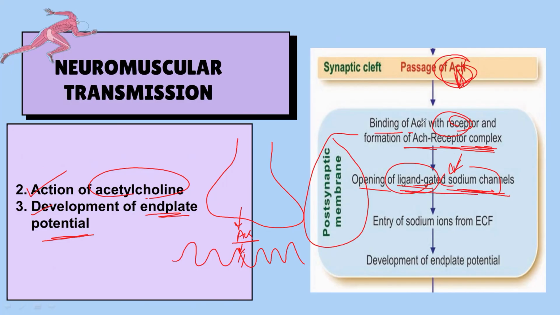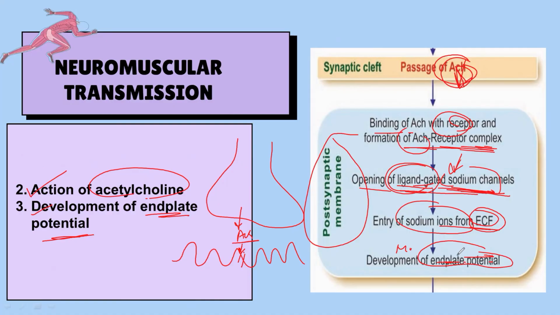So in this case, there's an attachment of acetylcholine with the receptors, and these receptors are responsible for the opening of ligand gated sodium channels. When these sodium channels open, there will be an influx of sodium ions from the ECF. And this influx of sodium ions is responsible for the generation of end plate potential or the motor end plate potential.